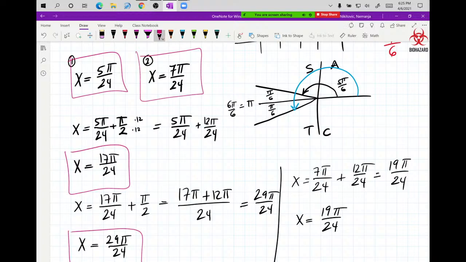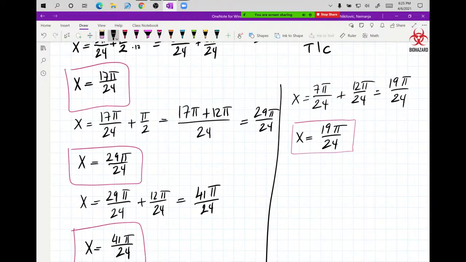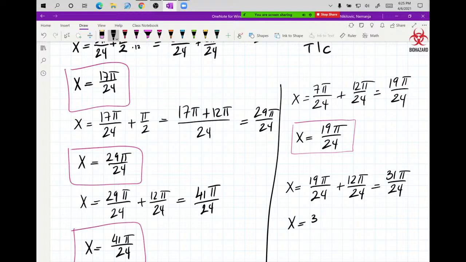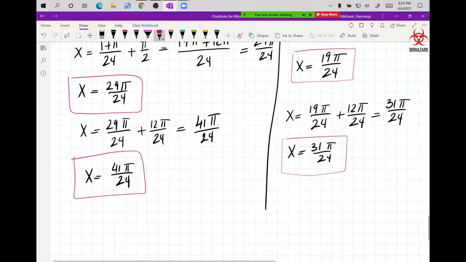And that's our solution number 6 out of 8. Start from that solution again. Add another period, which is pi over 2, which is actually 12 pi over 24. And when you add these, you get 31 pi over 24. So x equals 31 pi over 24 is the next solution in the mix.